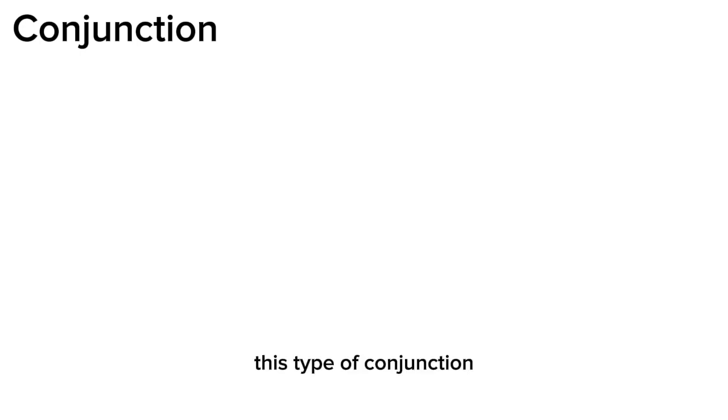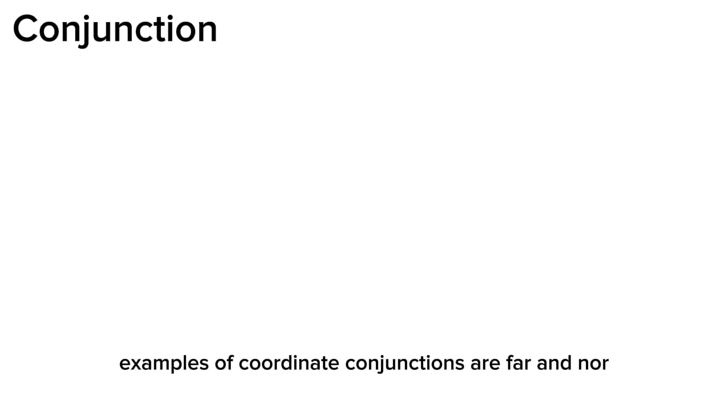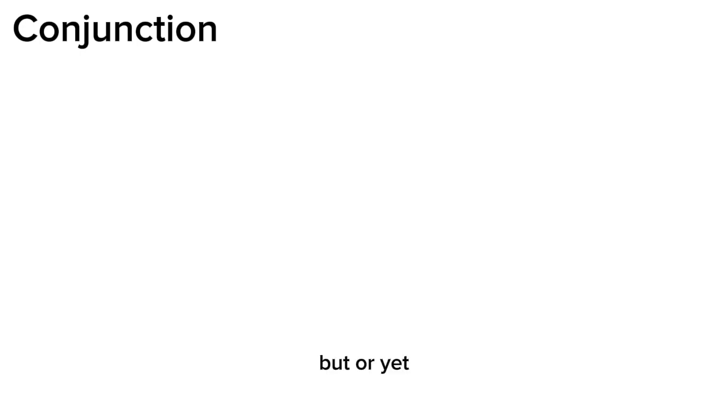This type of conjunction is also usually called a conjunctive adverb, or an adverb that acts as a conjunction. A coordinating conjunction is a word to connect two sentences that have grammatically equivalent positions. Examples of coordinating conjunctions are for, and, nor, but, or, yet, so.